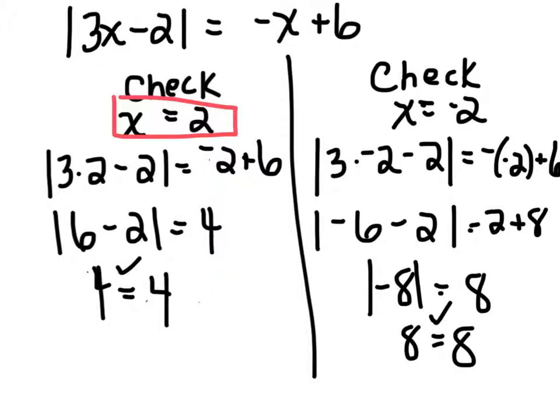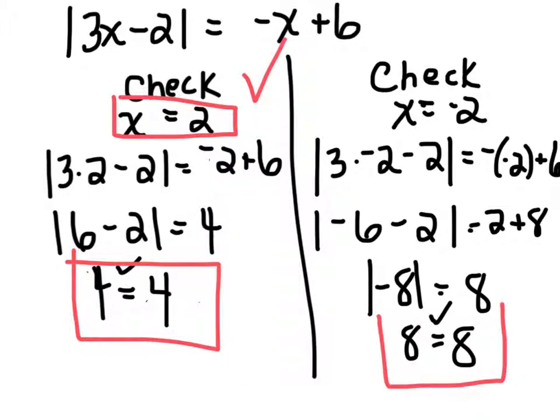You can see from my simplified work that I got 4 equals 4, which tells me that x equals 2 is in fact a solution. I then plugged in x equals negative 2 for x, and you can see that I got the simplified statement 8 equals 8, which is a true statement, so x equals negative 2 is also a solution. Neither solution is extraneous and both are considered part of the solution set.